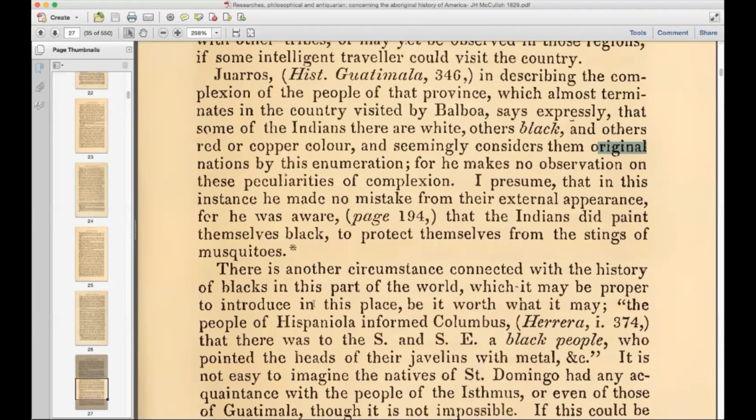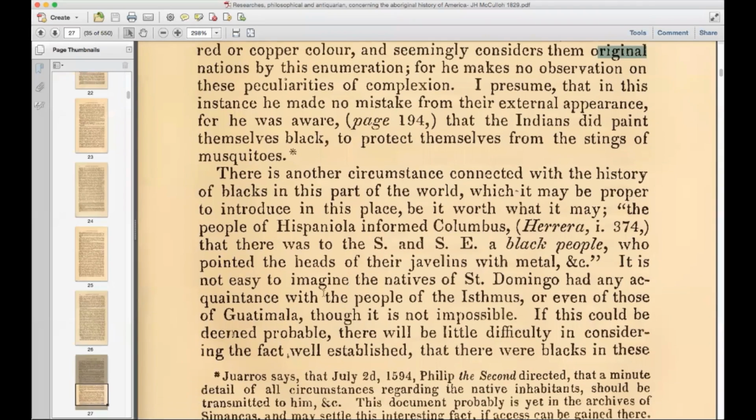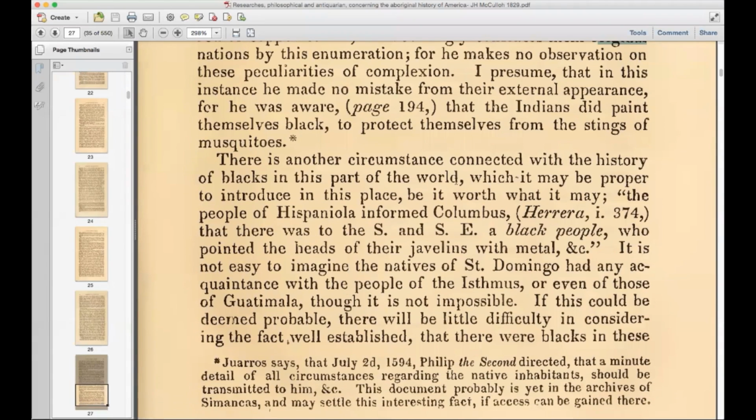It says here, there's another circumstance connected with the history of blacks in this part of the world, which it may be proper to introduce in this place, be it worth what it may. The people of Hispaniola informed Columbus, this is from Antonio Herrera, and we have that book in Spanish, volume 1, page 374, that there was to the south and southeast a black people who pointed the heads of their javelins with metal.